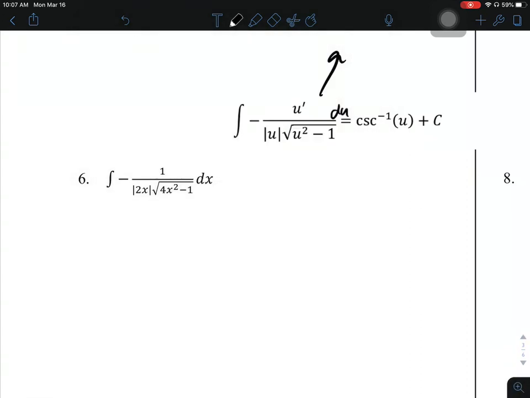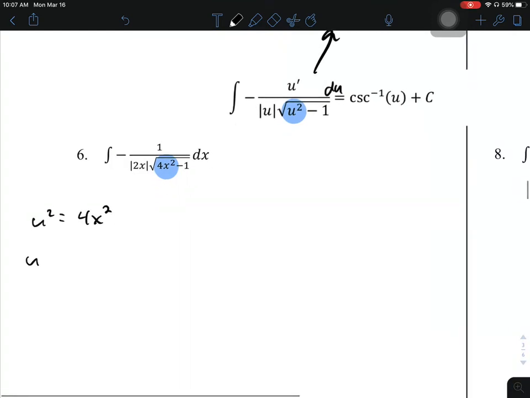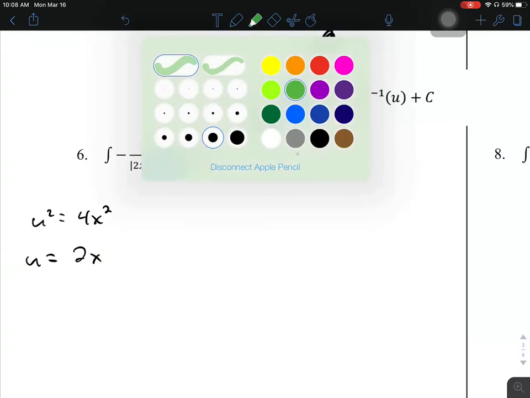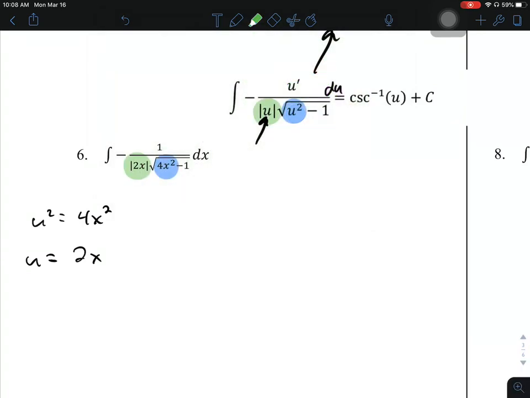I would say that it's pretty obvious what u squared is. It's 4x squared. That's going to make u 2x. You square root both sides. Another route you could go, you could say, well, this is clearly where u is, and u is 2x, so that's fair. Probably would have been a little more direct if I had done that. U prime is equal to 2.